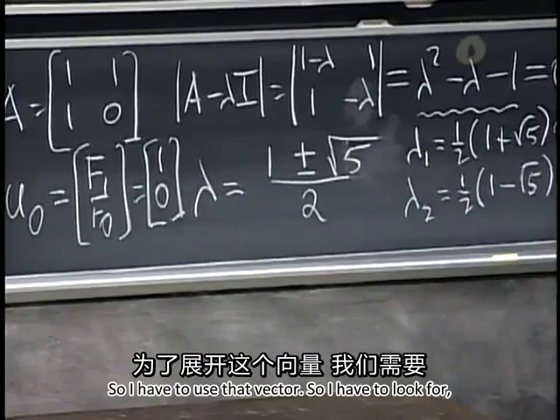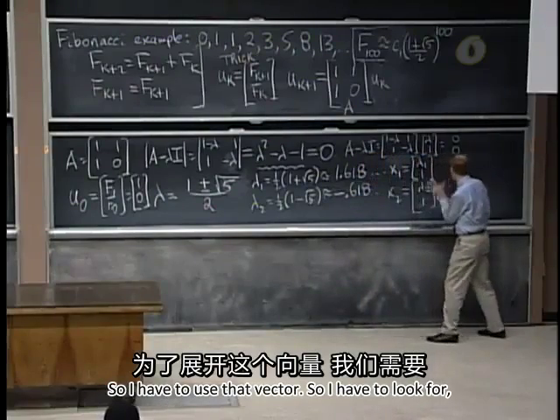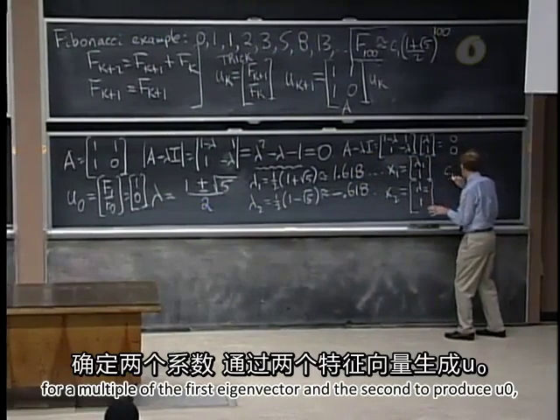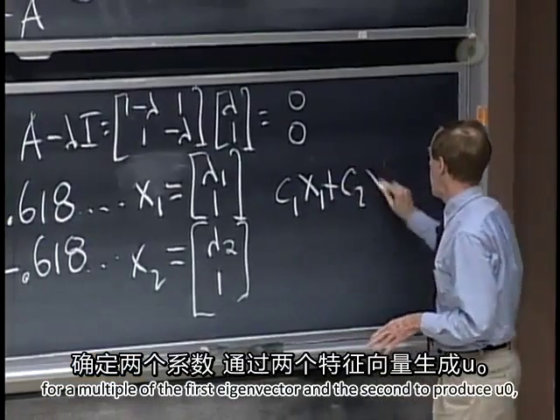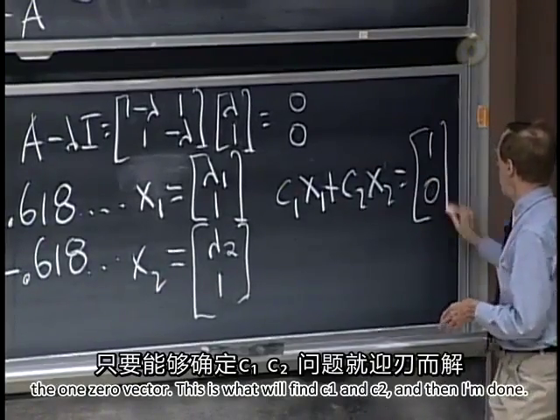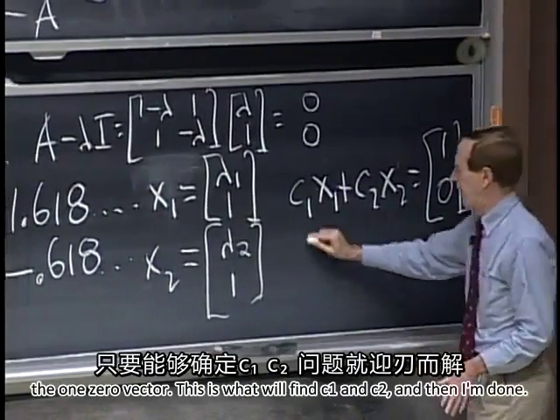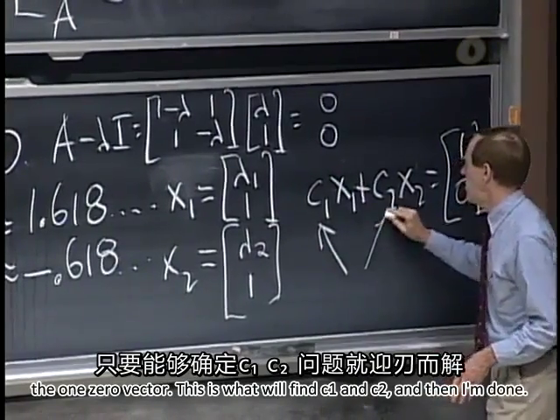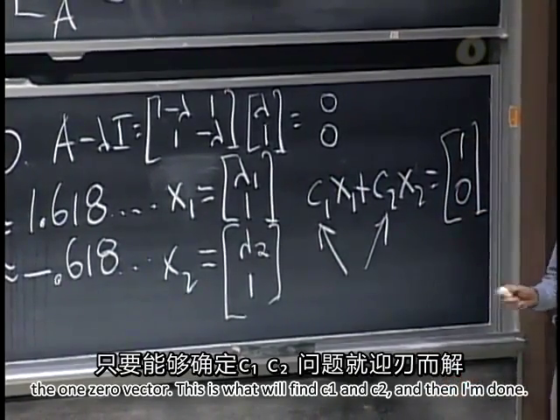So I have to look for a multiple of the first eigenvector and the second to produce u0, the 1, 0 vector. This is where we'll find C1 and C2, and then I'm done.